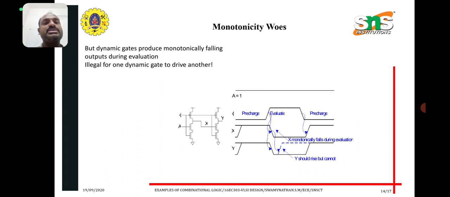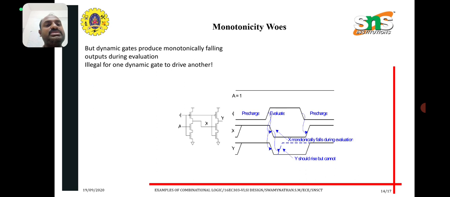So here it produces the monotonicity problem, falling outputs during the evaluation. It is illegal for one dynamic gate to drive another gate. So that is the monotonicity issue. Here A equals 1 is the input, pi is the clock signal: pre-charge, evaluate, pre-charge, again it goes, but x is the input. Again Y is the output of another inverter.